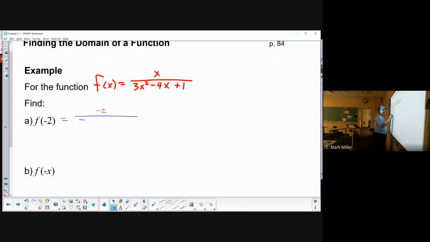We're going to have 3 times minus 2 squared, minus 4 times x, which is minus 2, plus 1. Everywhere there's an x, you stick what's in here.